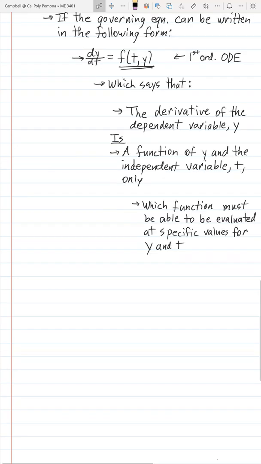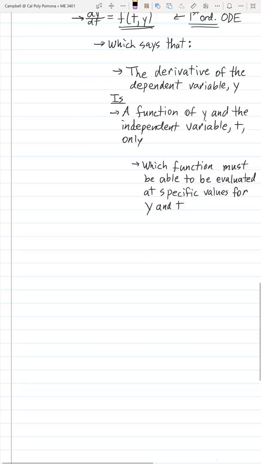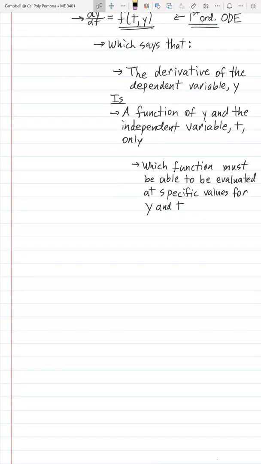So that means that we can't have integrals floating around in this expression. So when we're looking at function of t and y, we can't have integrals, we can't have other derivatives, as is indicated since this is a first order differential equation, but we can't have other derivatives floating around either. So we have to be able to get it into that particular form.